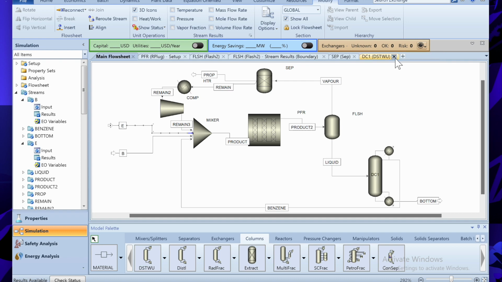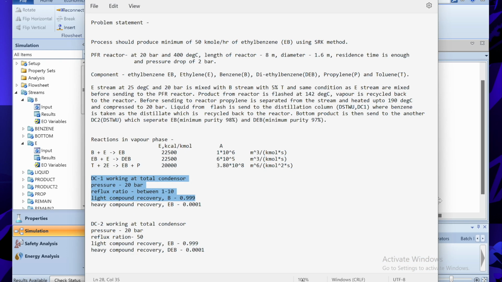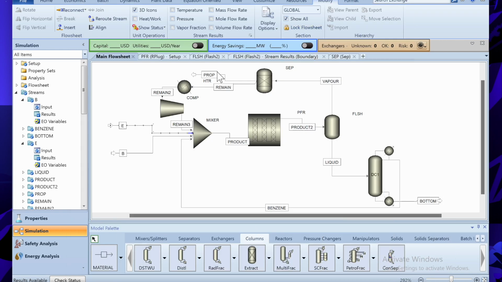So the main problem is that in the question, the flow rate of the benzene and the flow rate of this ethylene are not mentioned. So that is our part to find out. For that you have to either go to the literature, or you can use the hit and trial method.